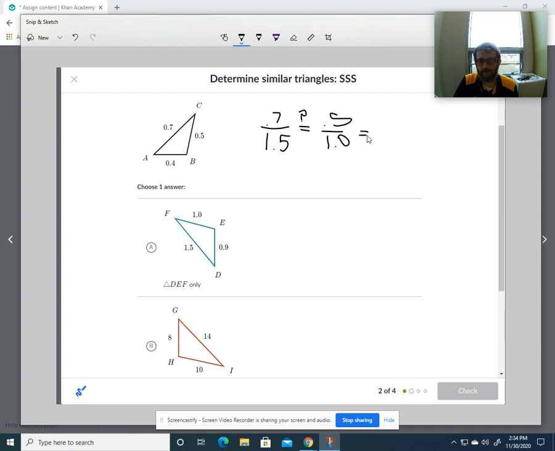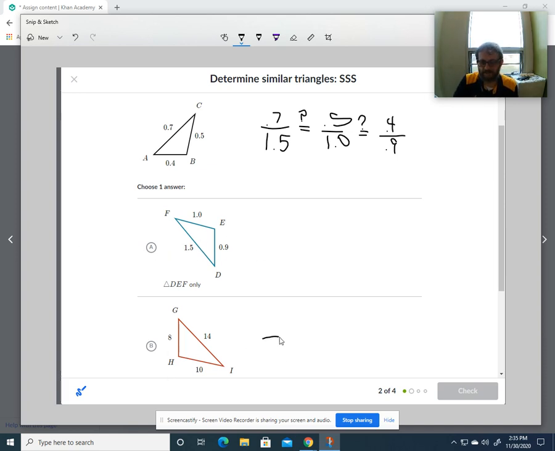How does that compare to 0.4, which is the smallest side, divided by 0.9? Now, if you divide, these are not all the same fraction. This one's 1/2, this one is 0.4 repeating, this one, I'd have to think about it for a second, but they are not all the same, so that one doesn't match.